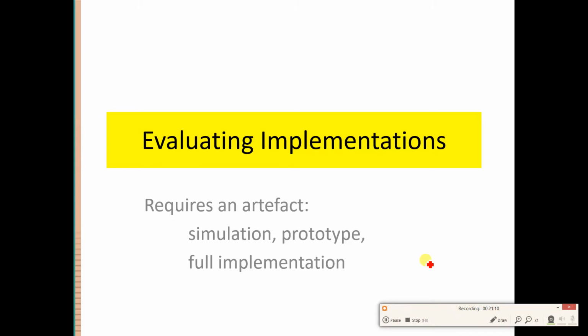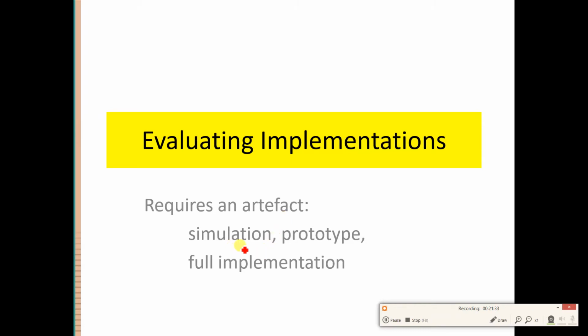Now let's talk about evaluating the implementation. We have to evaluate whatever product we are developing, whether it is fulfilling the user requirements or not. This requires an artifact, something tangible which the user can use and give feedback on, not something theoretical.